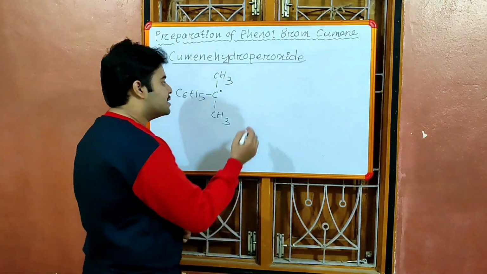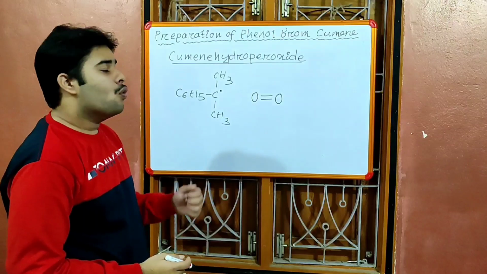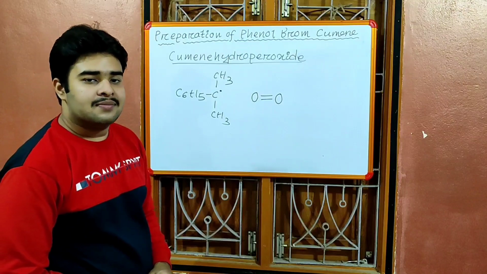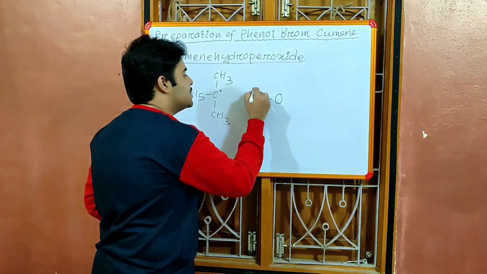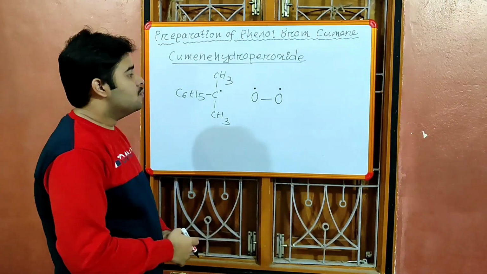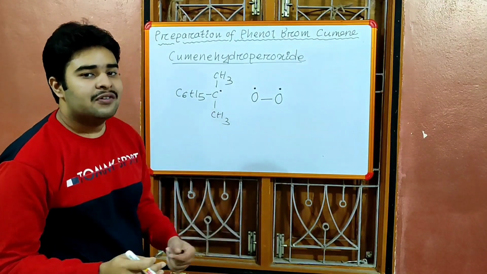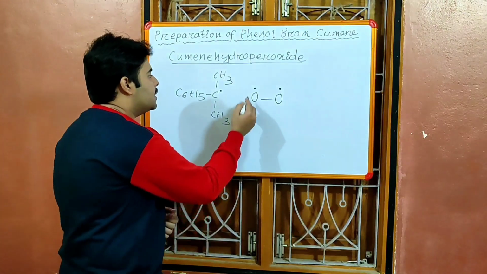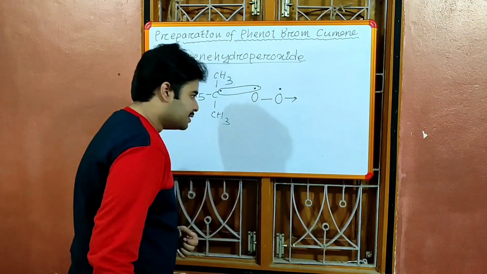There is a double bond between our oxygen atoms in the O2 molecule, and as there is no electronegativity difference between our oxygen atoms, they will undergo homolysis forming two dots, that is, the bond pair of electrons will move towards each of the atoms. Now there is one free radical here and one free radical there, and they both have a tendency for combination, so they will combine just like this. So we will get our product like this.